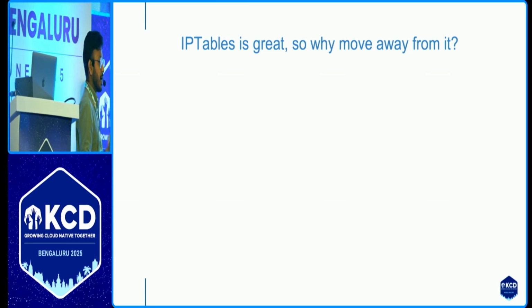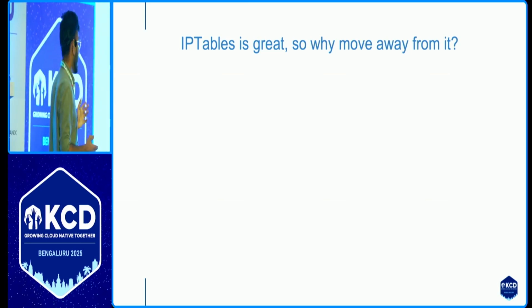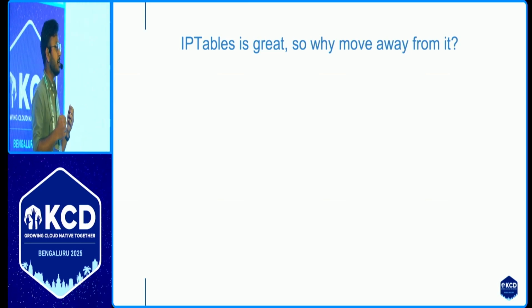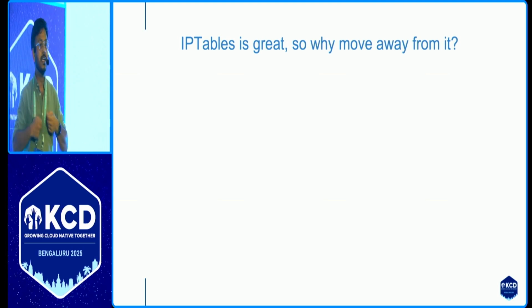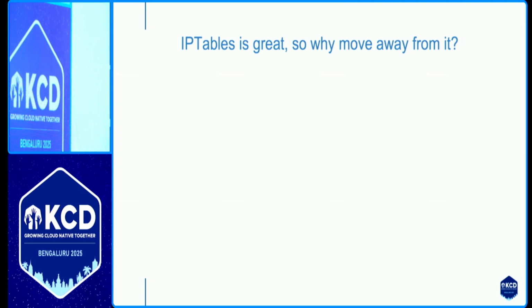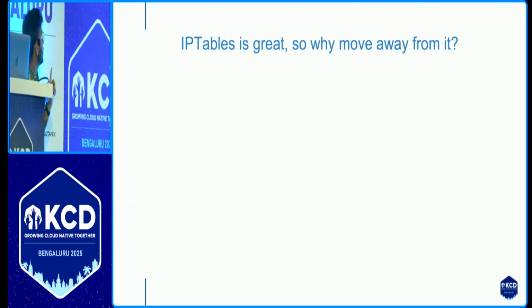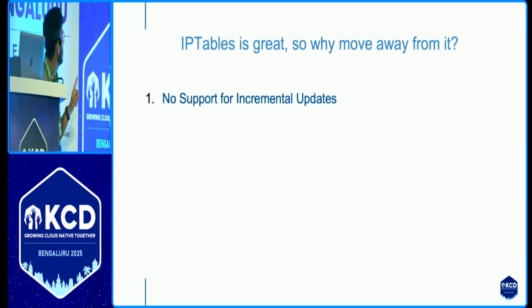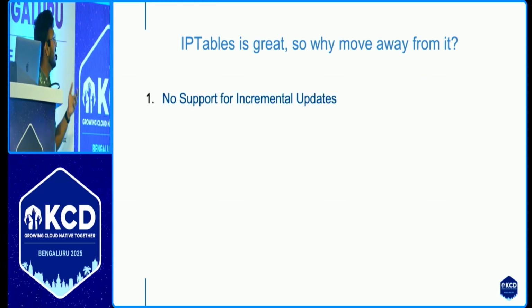Now, IPTables is the default mode and has built this foundation of service routing for us. IPTables is great, but why are we moving away from it? IPTables was never meant to handle the Kubernetes type of scale. There are a couple of challenges which we face with IPTables. One, there is no support for incremental updates.